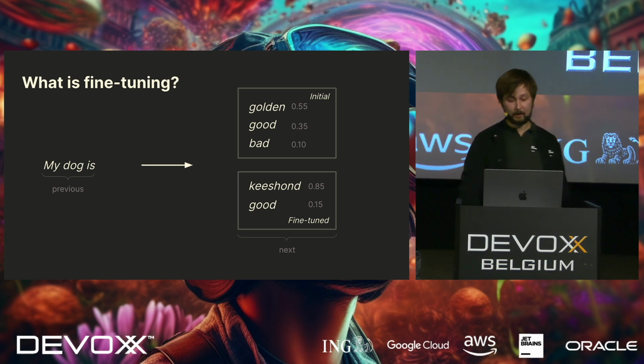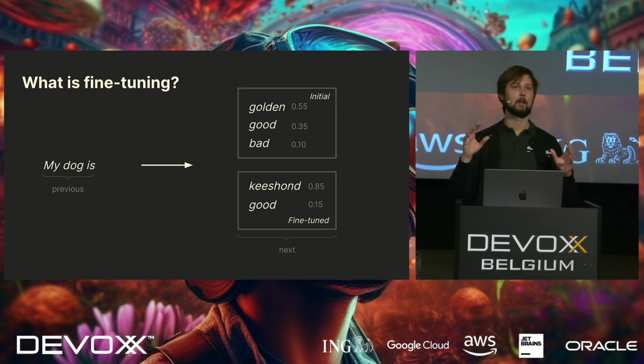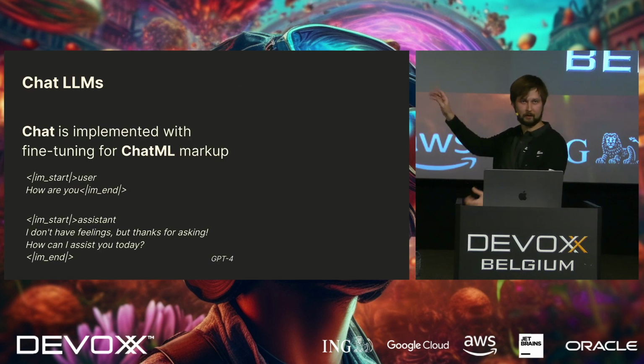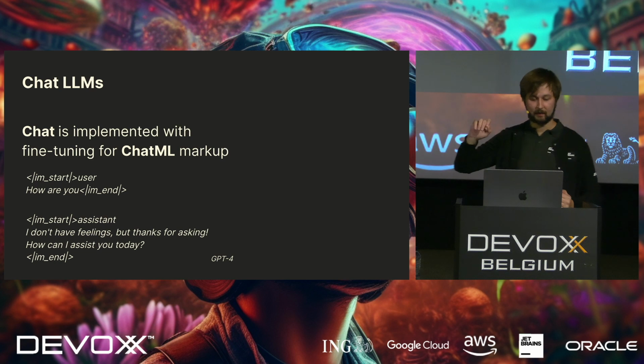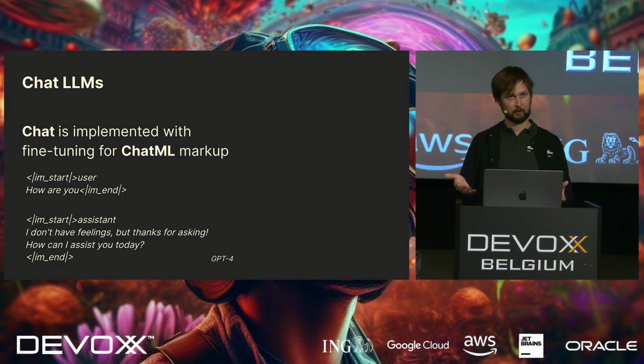So with fine-tuning, we can do a lot of very interesting things. And the first thing that has been the most interesting and best known in the community is chat. And now probably the most interesting slide in this presentation is the fact that chat large language models are also completion large language models.